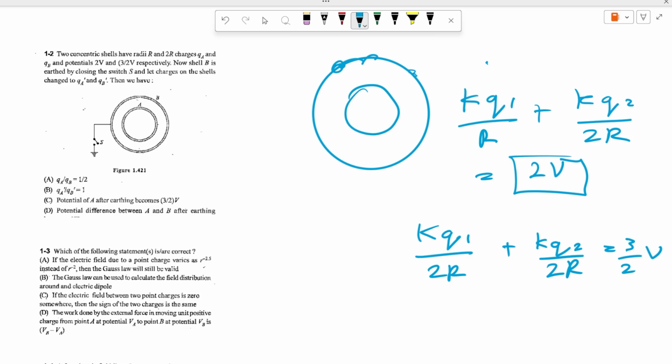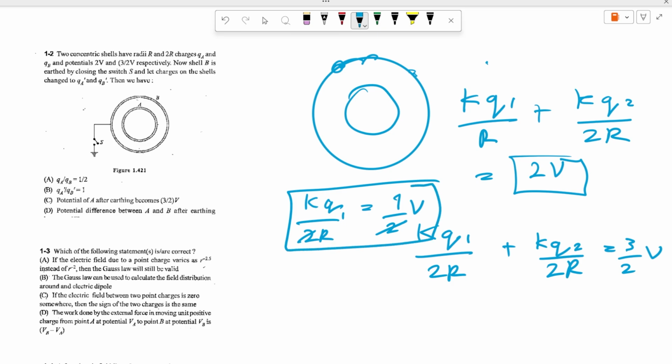So basically what's happening is you can just subtract these equations and you will get that kQ1 by 2R is equal to V by 2, and we cancel out the 2 and we get kQ1 upon R equals 1 volt.